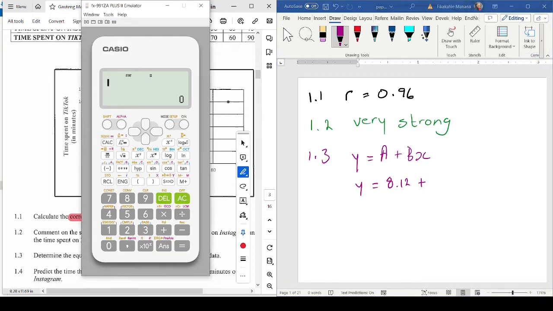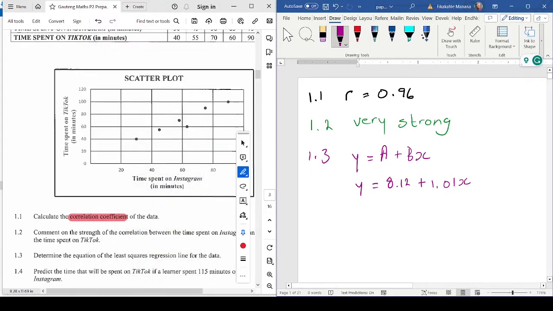We'll go clear and then we'll go shift 1, regression line number 5, value of b is number 2, and then press equals. So the value of b is given as 1.01x, and that is our final answer. Right, so that was 1.3.